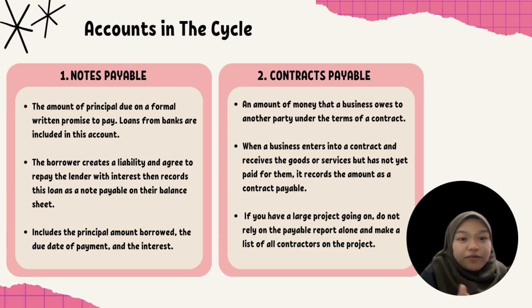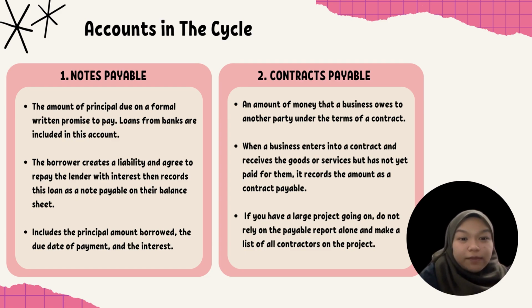The borrower then records this loan as notes payable on their balance sheet. Recording a notes payable includes specifying details and terms of the agreement, including the principal amount borrowed, the due date of payment, and the interest.